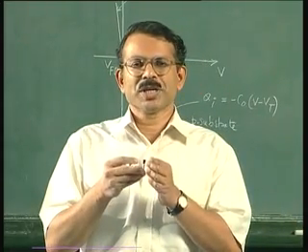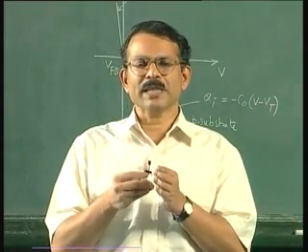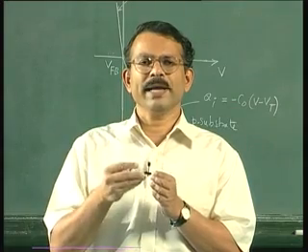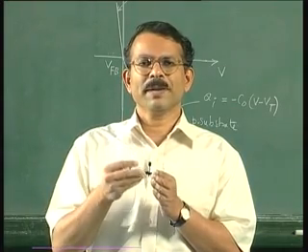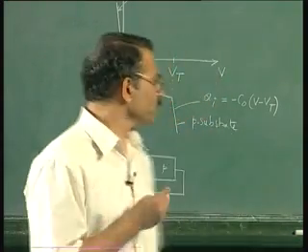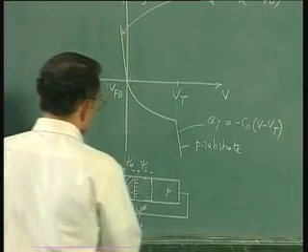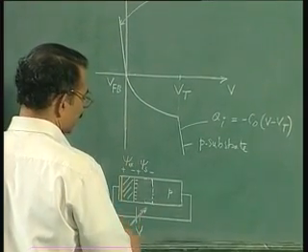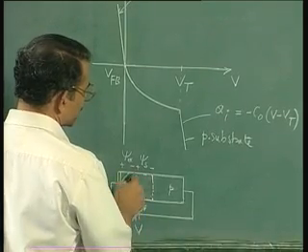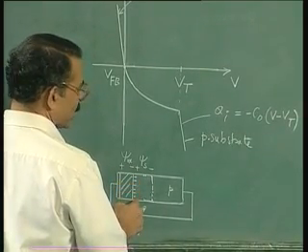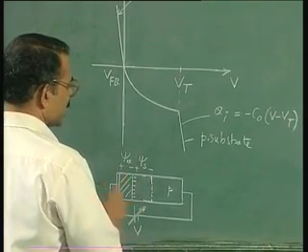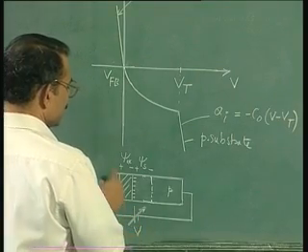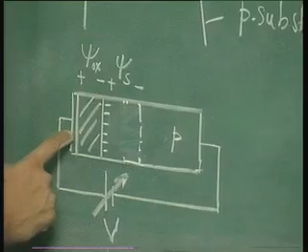If you change the voltage very fast, then you are not providing sufficient time for the minority carriers to be generated. Therefore, if you make a rapid change in the voltage in inversion, then your change in charge cannot come from this inversion layer, but the change in charge has to be there, because when you change the voltage, there is a change in charge on the gate.